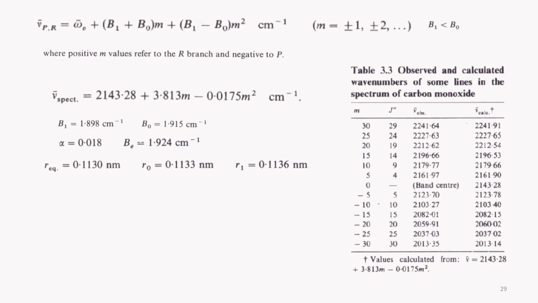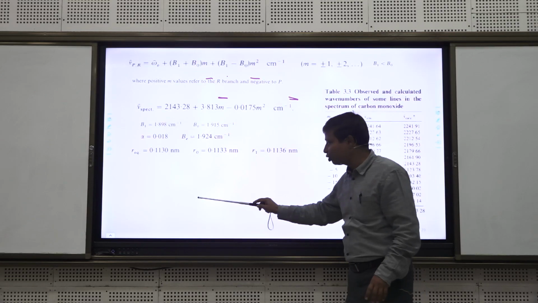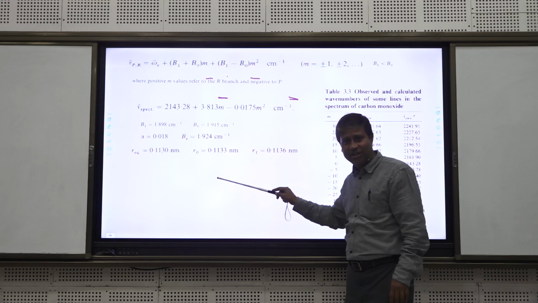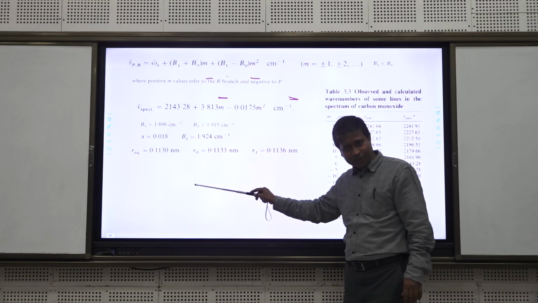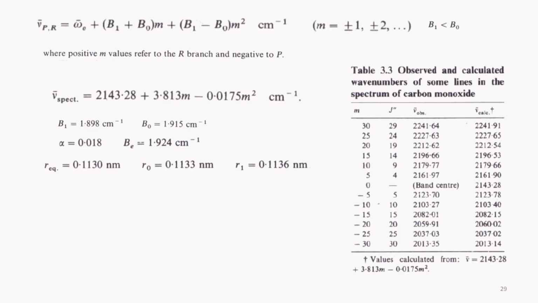This will be your homework. Use this expression to understand why there should be a decrease in the spacing between the bands in the R branch and an increase in the spacing between the bands in the P branch.